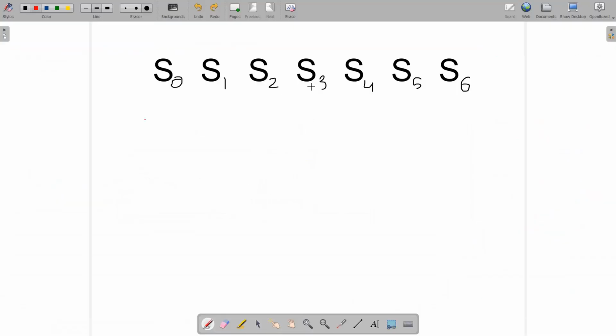Now consider this one. If S3 is a star, there are more possible ways, as S3 varies from character 1 up to character 9. Note that I'm talking about S3, but we can generalize for any case. If it is a star, there are 9 ways to fill it up.